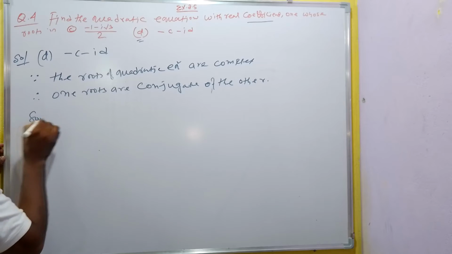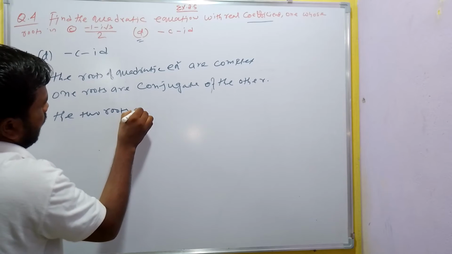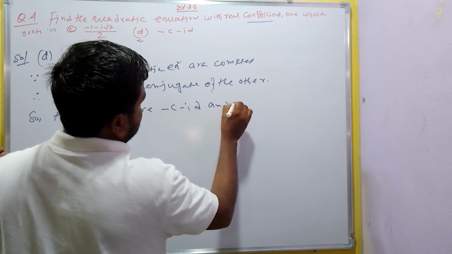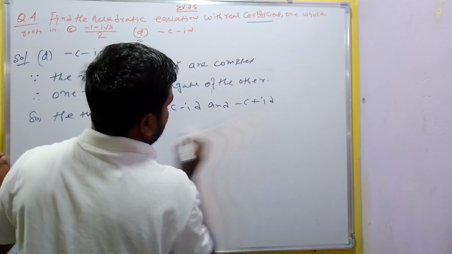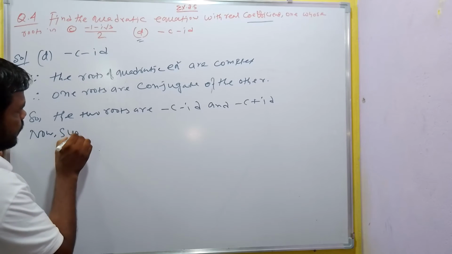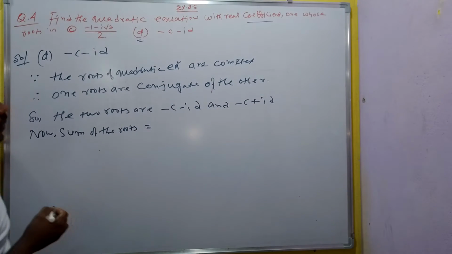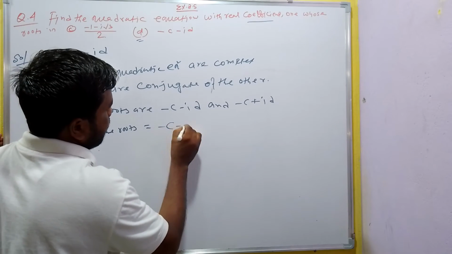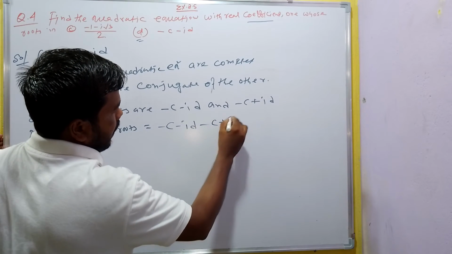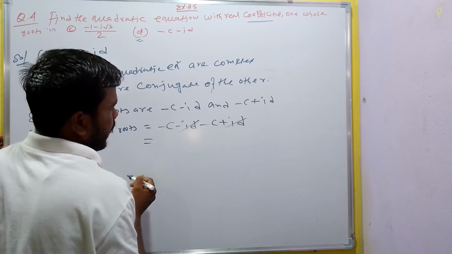So the two roots are -c - id and -c + id. Now the sum of the roots equals (-c - id) + (-c + id). Now you can see this -id and this +id will cancel.